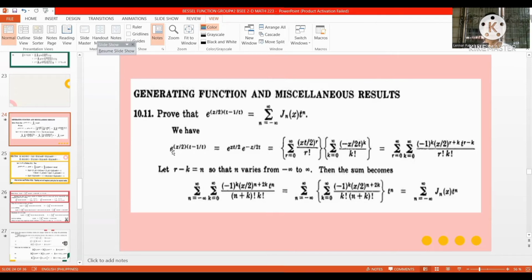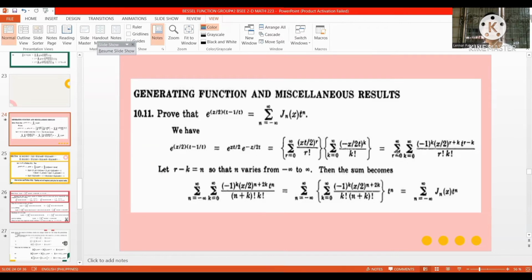and quantity zt over 2 raised to r over r factorial. And next is the summation of k equals 0 to infinity, quantity negative z over 2t raised to k over k factorial is equal to, dito yung pagsasamahin yung mga naka-summations.